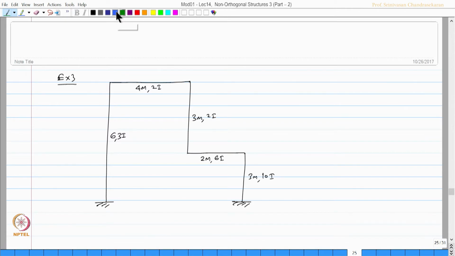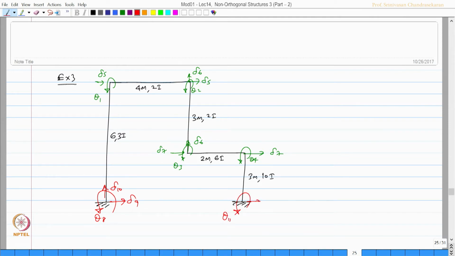We have marked the degrees of freedom, unrestrained, theta 1, theta 2, theta 3, theta 4, delta 5, delta 6, and then the restrained degrees theta 8, delta 9, delta 10, theta 11, delta 12 and delta 13.